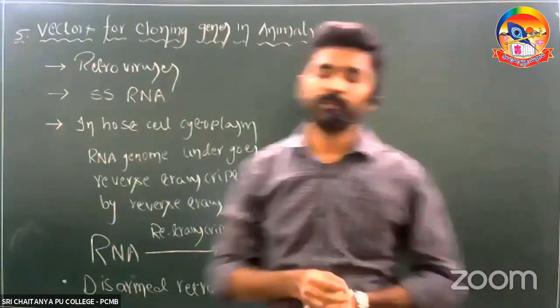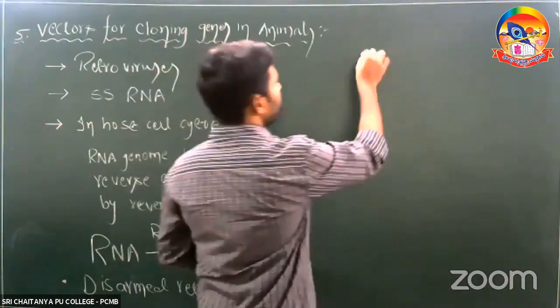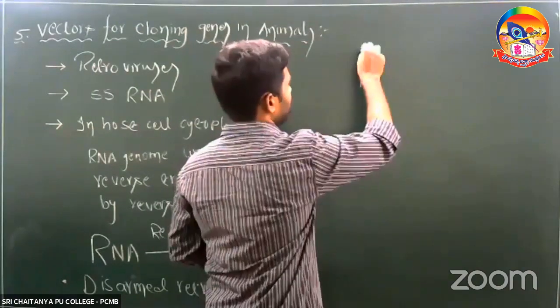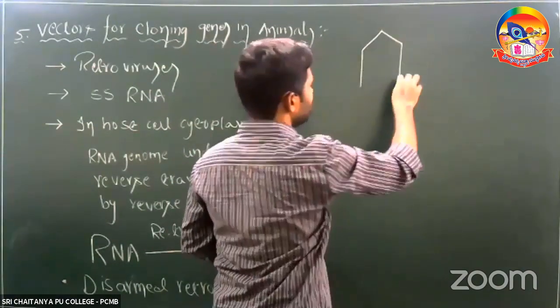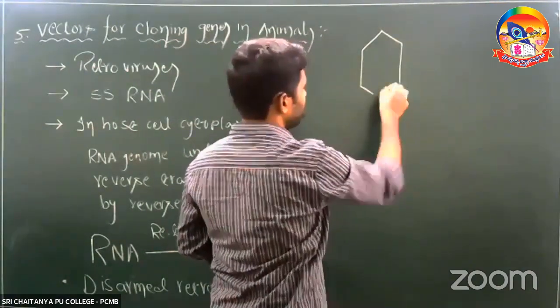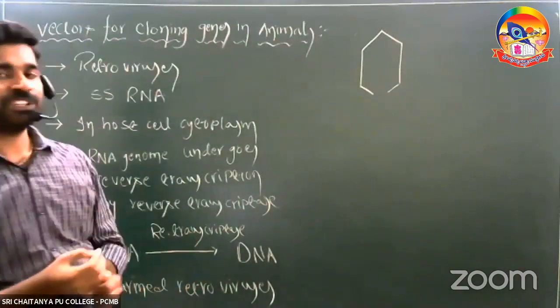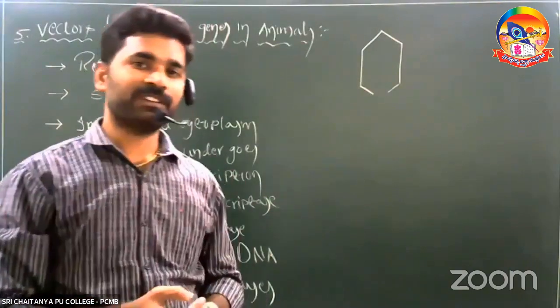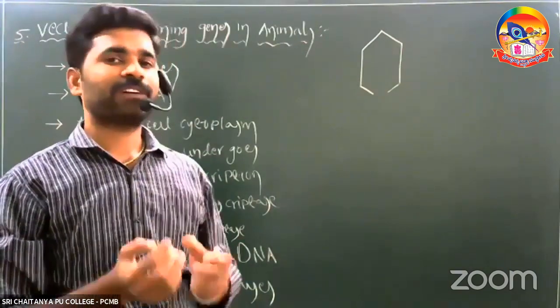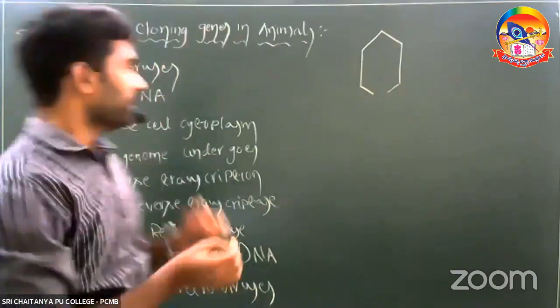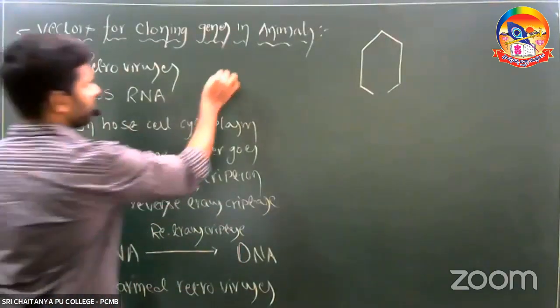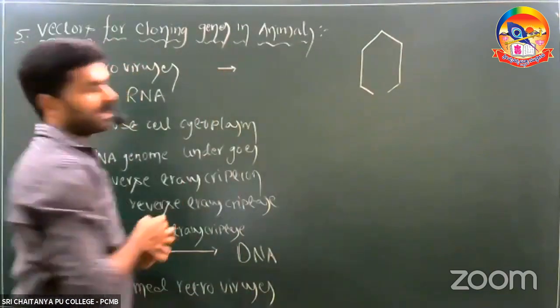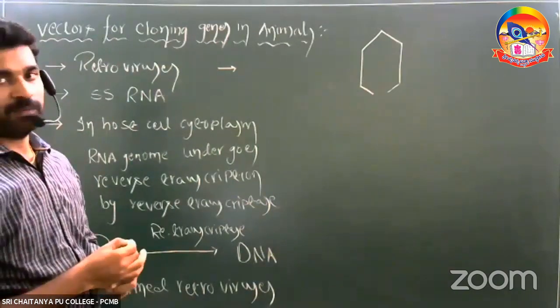But how so? For example, you can take a retrovirus. In general, what is the function of retroviruses? Otherwise, how do retroviruses cause diseases in animal cells? They cause cancer, right? That retrovirus genetic material causes cancer in animal cells.